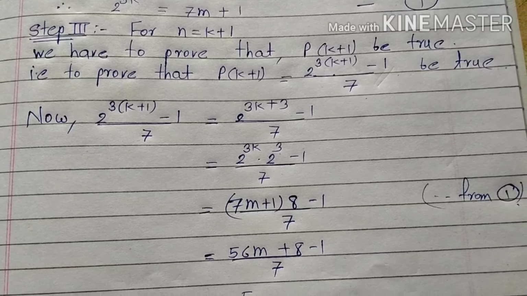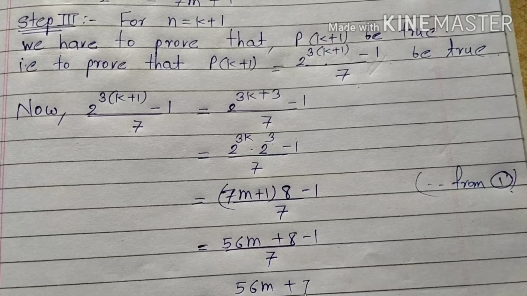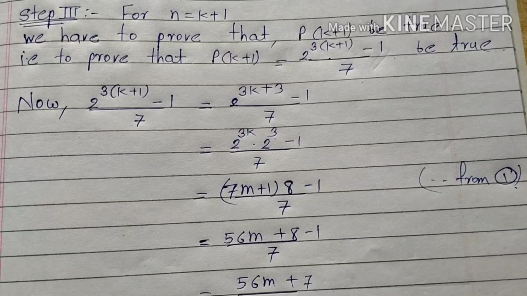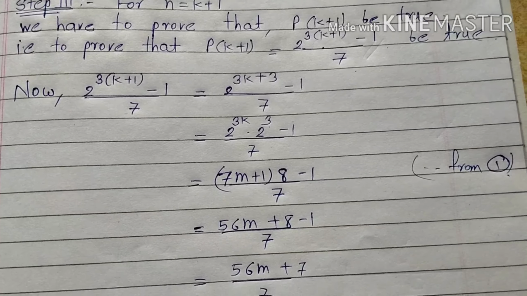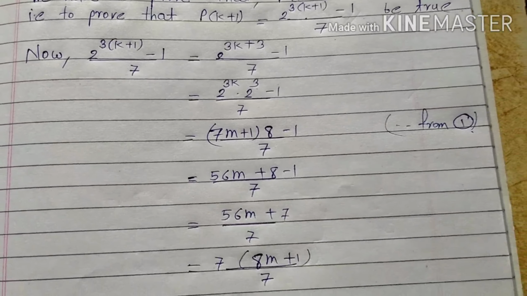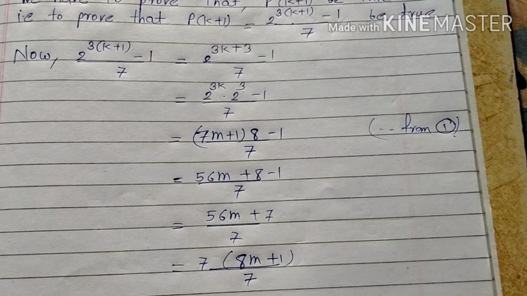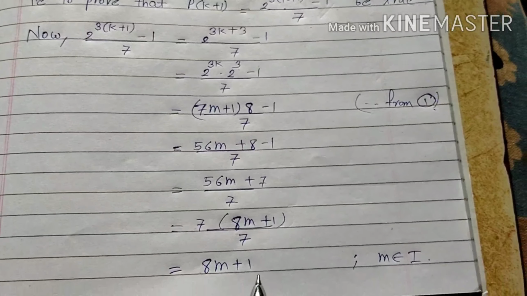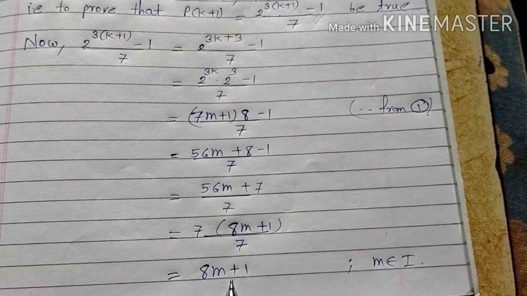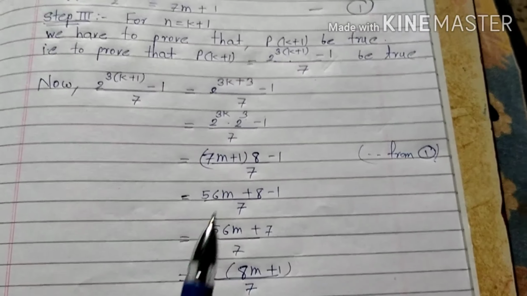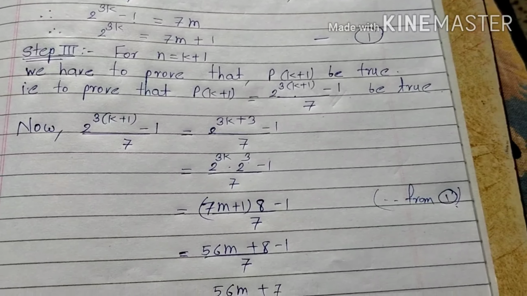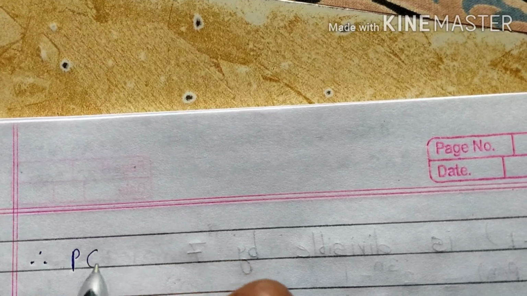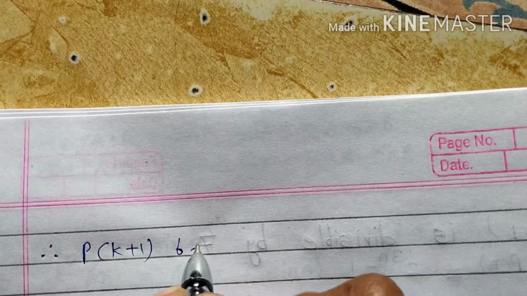So 56m plus 7 upon 7, take 7 common. So it is 8m plus 1 upon 7. So 7 cancels, and we get 8m plus 1, and here m belongs to integers. So addition of integers is an integer, means we get an integer. That's why P of k plus 1 is true.